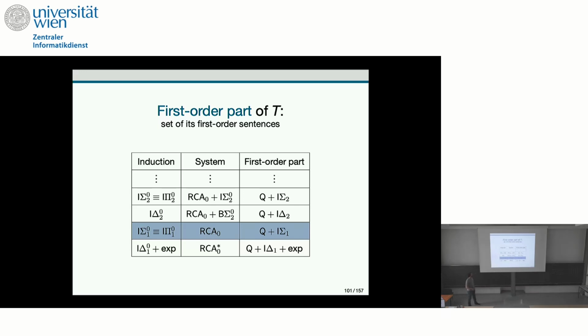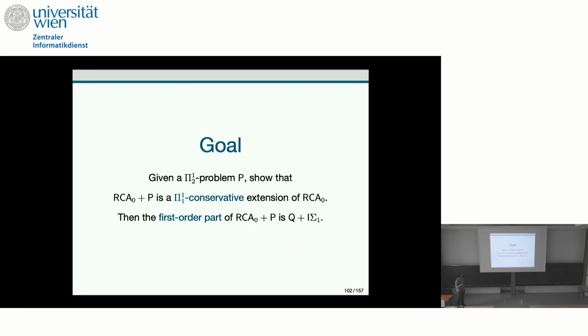So it's not a complicated thing to show. Our goal in general is, given a pi12 problem P, to show that RCA0 plus P is a pi11 conservative extension of RCA0. And if we have that, then we will know that the first order part of RCA0 plus P is Robinson arithmetic plus I sigma 1. Usually we also consider that Q is part of I sigma 1, and so we just say I sigma 1.